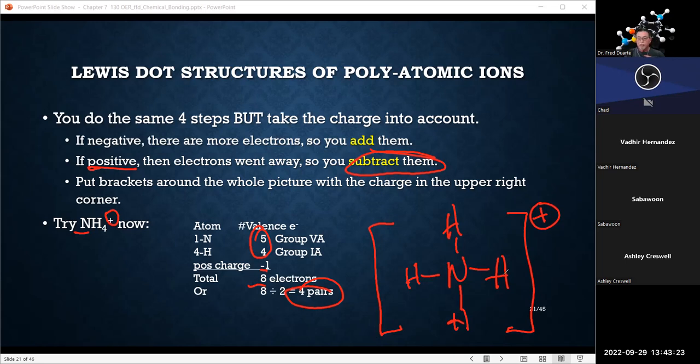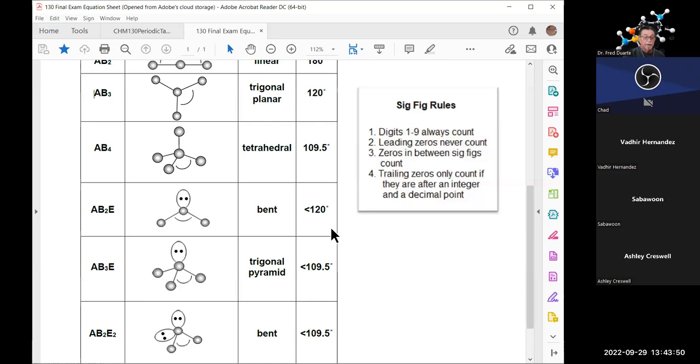Now, can we determine a general formula for this? Yes, no different than we've done before. This will be AB4. A is the nitrogen, with 4 atoms bonding around the central atom. So our general formula would be AB4. And we go to the shapes table like we've been doing, nothing different.